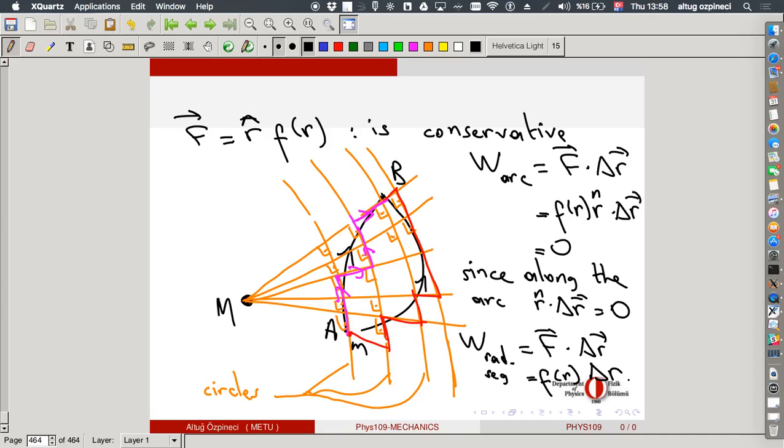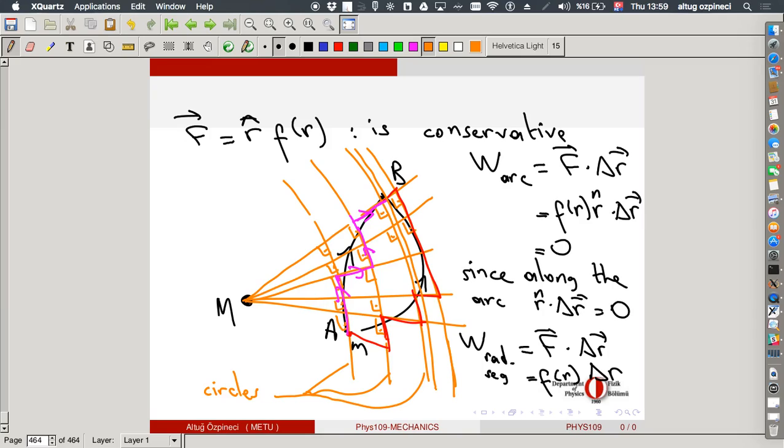So this is nothing but F of R times delta R. Now, delta R in this segment and delta R in this segment are equal. So the work done along this segment and along this segment are equal. The work done along this segment and the work done along this segment are also equal.